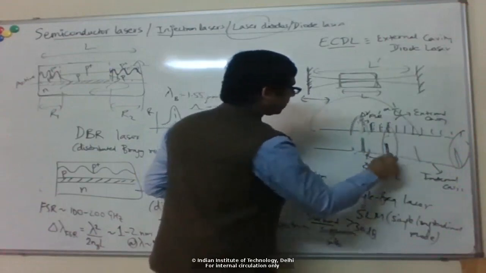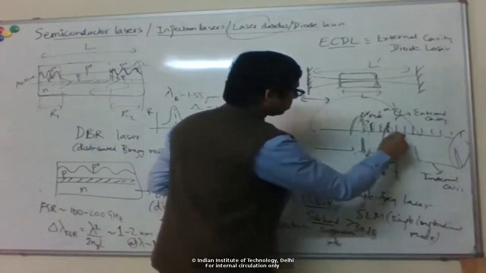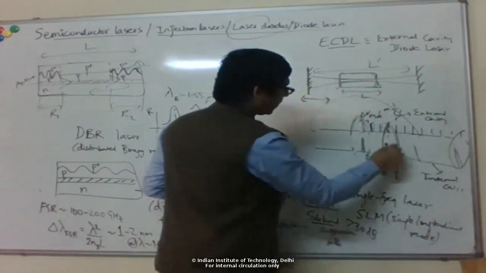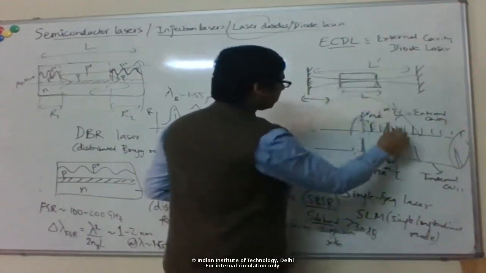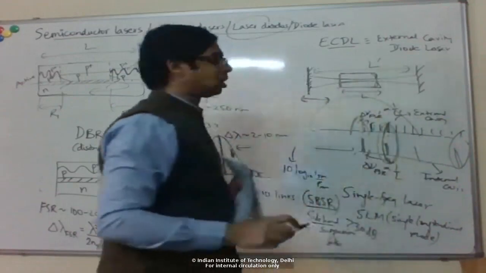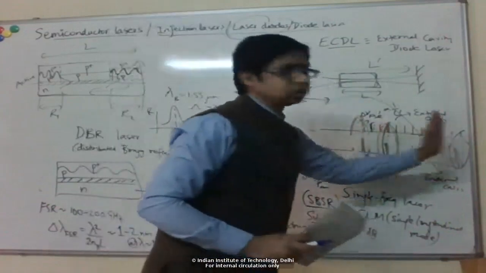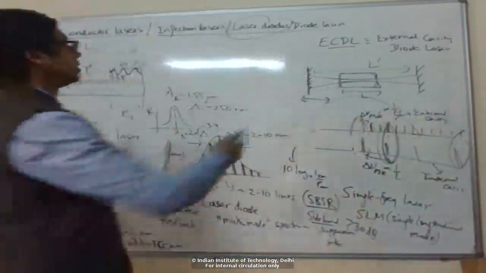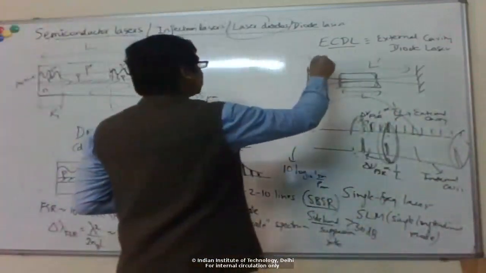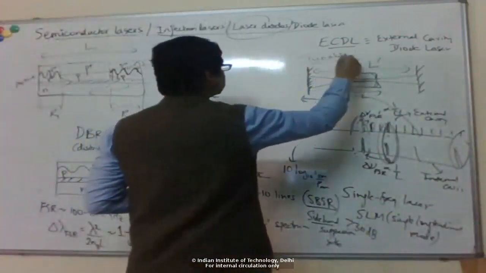So they've shifted a little bit. If the shift is just enough that this next mode now lines up with the external cavity mode, now this will lase. Right? So by controlling the position, you can tune the emission. So this is not only a single frequency laser, it can also be tunable.